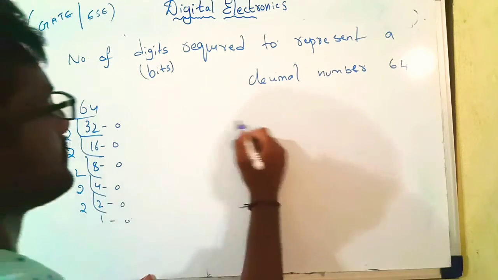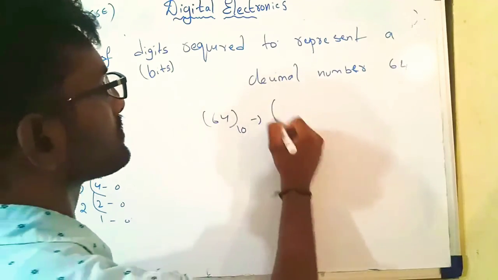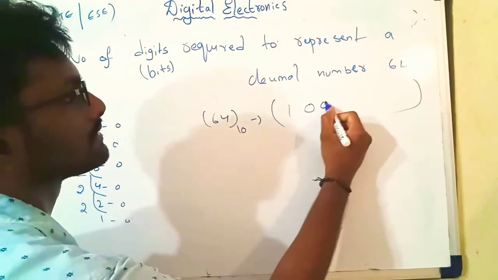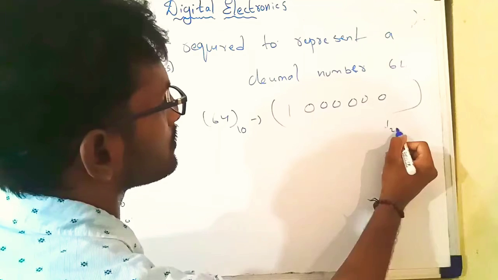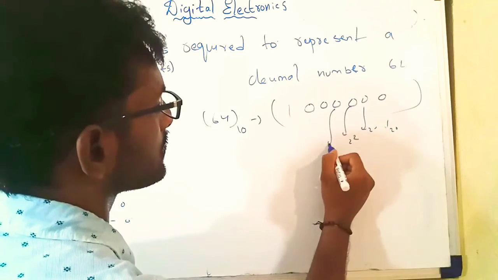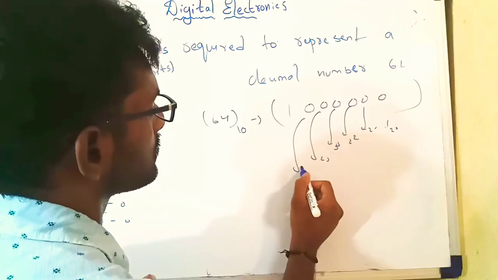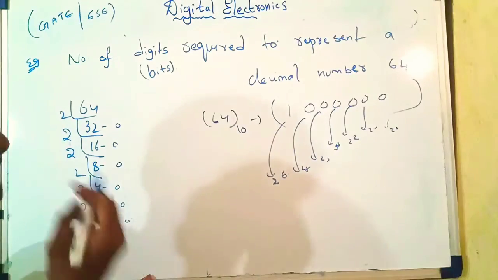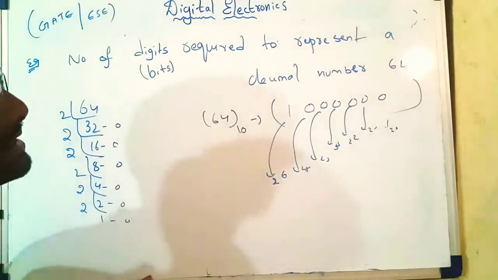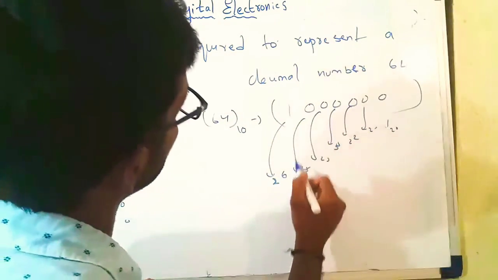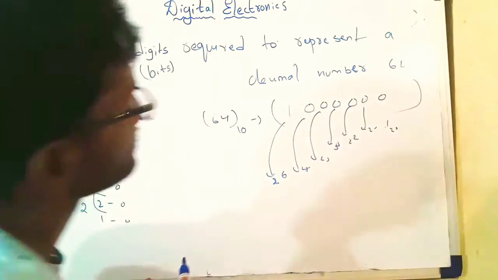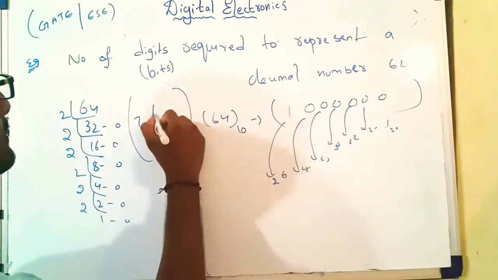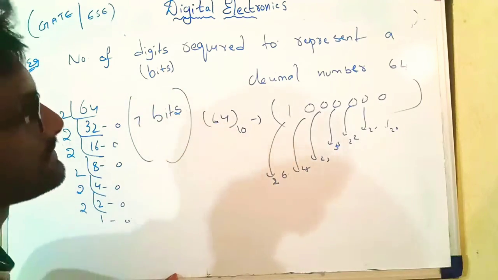So the number of bits required to represent the decimal number 64 is 1, 2, 3, 4, 5, 6, 7. So here we require 7 bits.